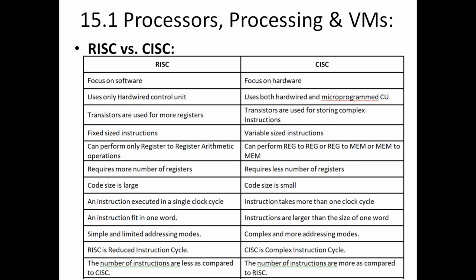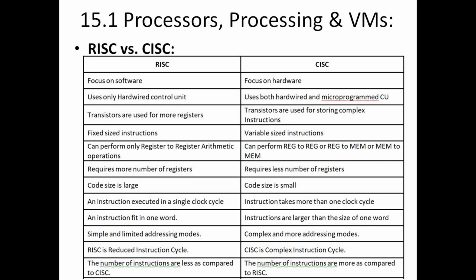RISC can perform only register to register arithmetic operations, whereas CISC can perform register to register, register to memory, or memory to memory operations. We are talking about arithmetic operations obviously. RISC requires more registers because it needs registers to do its tasks, whereas CISC requires fewer registers as it can directly manipulate the values in memory.